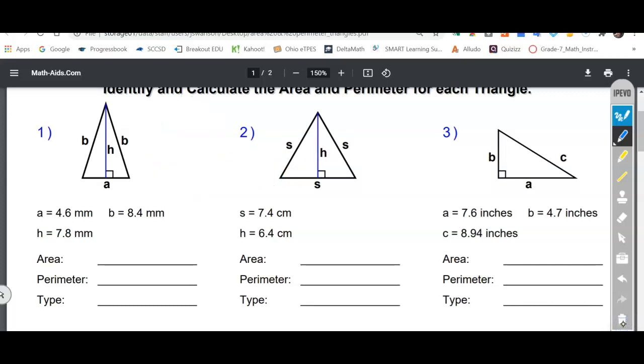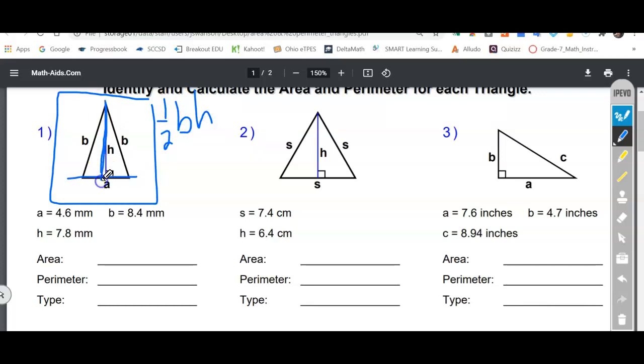So when I'm looking at number 1, which two letters form a right angle? Maya? H and A, right? Those two form the right angle.